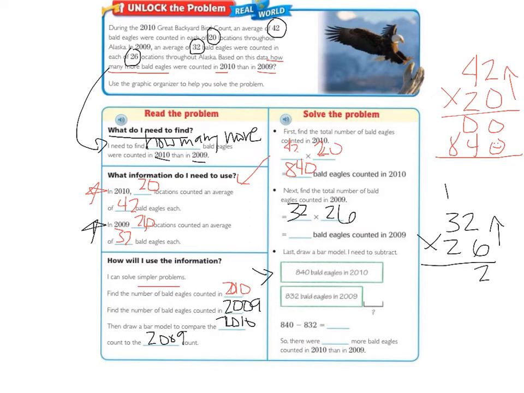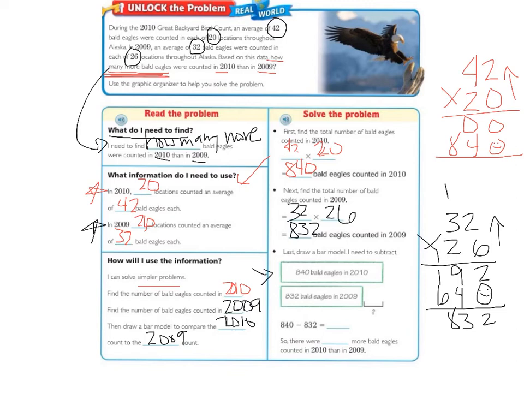Then 6 times 3 is 18, plus 1 is 19. Then add your magic 0 to move over a place value. 2 times 2 is 4, and 2 times 3 is 6. Add those together. 0 plus 2 is 2. 9 plus 4 is 13, and 6 plus 2 is 8. So in 2009, it was only 832 bald eagles counted.